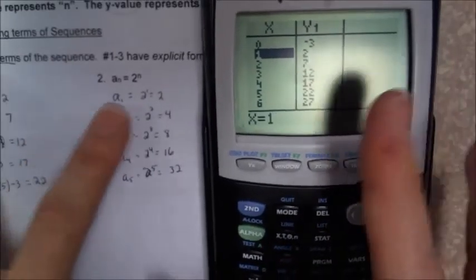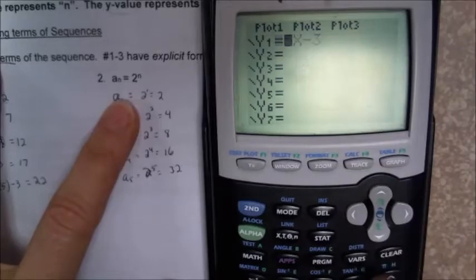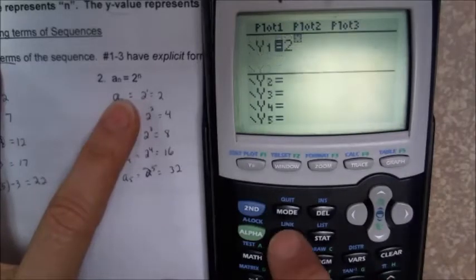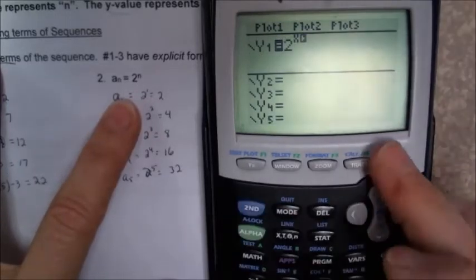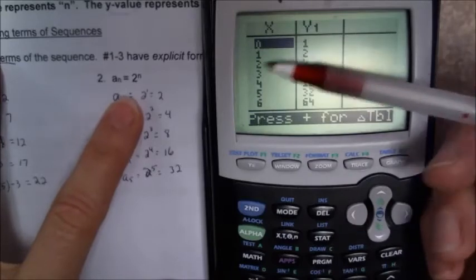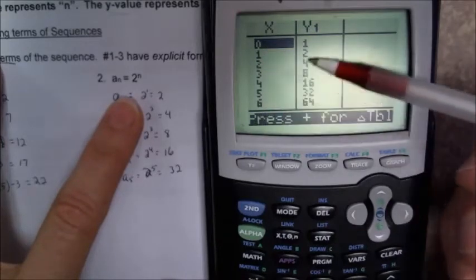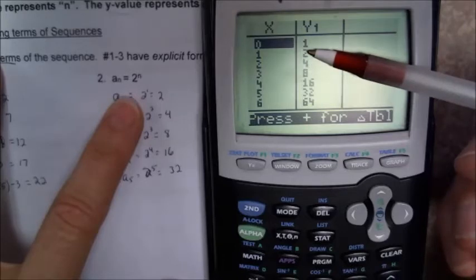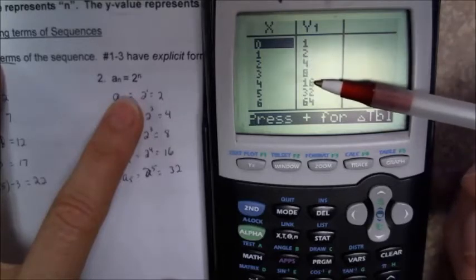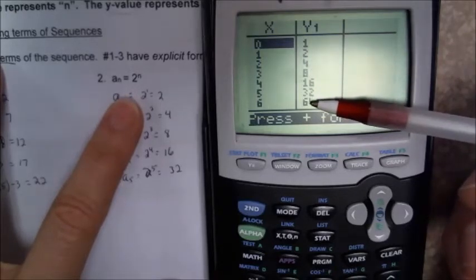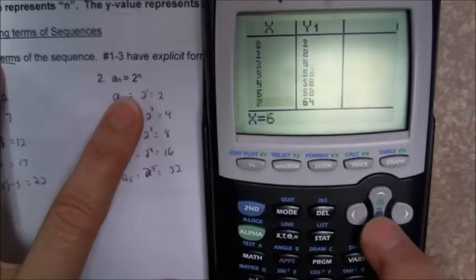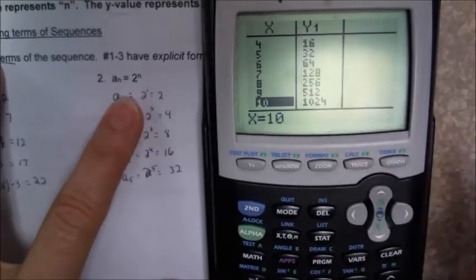In the second example, we had 2 to the nth power. So 2 raised up to the x power. If you want to look at the table of values, you start with n equals 1. So these are the n values, and these are the terms: the first term, the second term, the third term, the fourth term, and the fifth term, the sixth term, and you can go all the way up as far as you want, the 10th term.